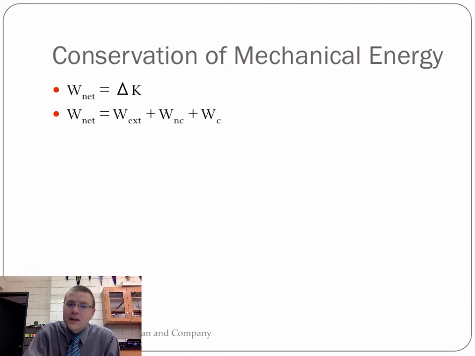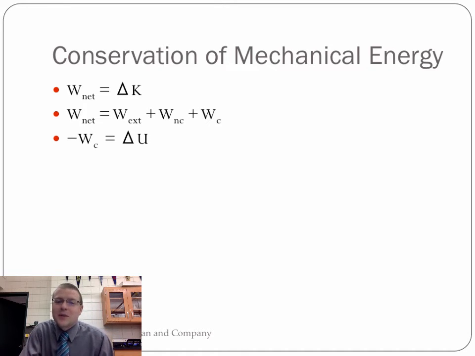And the net work done really can be a combination of external work done by applied forces, it can be work done by non-conservative forces like friction, and it can also be the work done by conservative forces. We know from what we talked about last time that the work done by conservative forces always tries to decrease our potential energy.